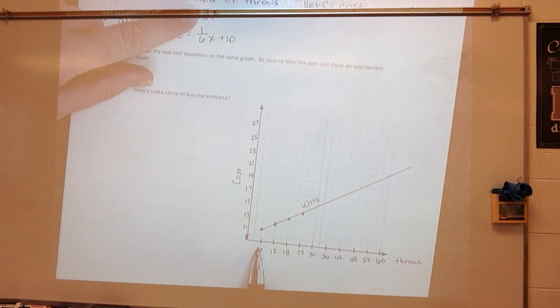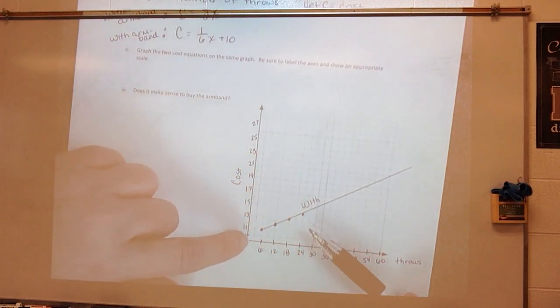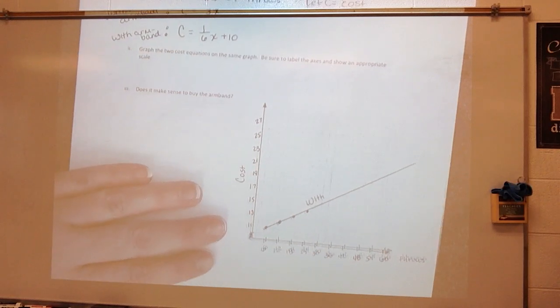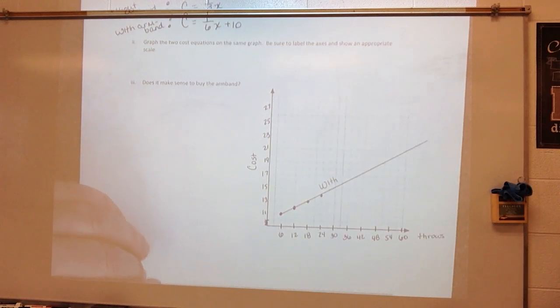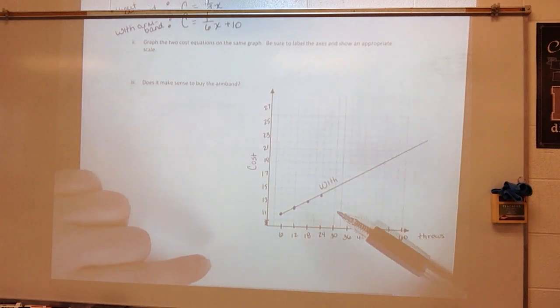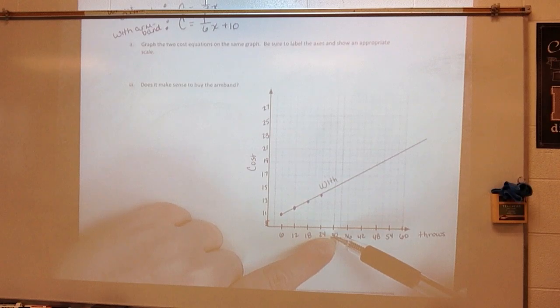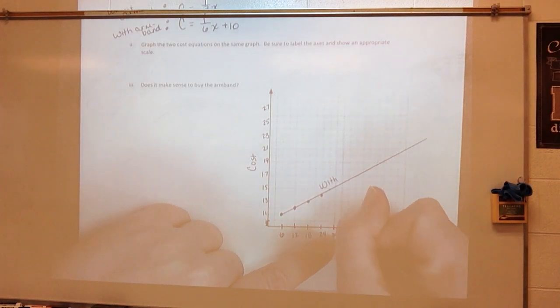So 6 throws would be $2. 12 throws would be, so I need to figure out where I can start my graph, because I am looking at some smaller numbers that I don't have on my graph. So I can go to 30 throws. So that would be $10. And then I can move up from there.